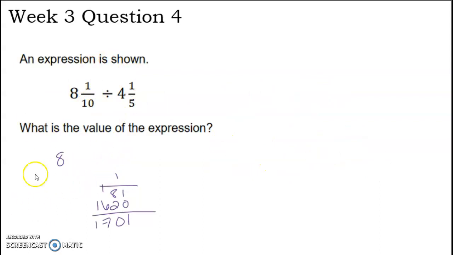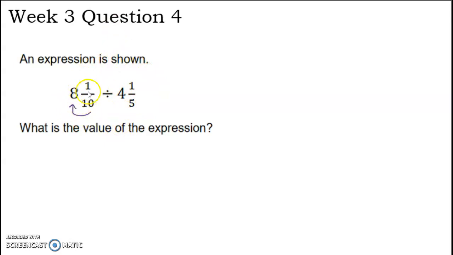All right, so we have question number 4. We have a mixed number divided by a mixed number. We can't do keep, change, flip with mixed numbers, so let's put them both into improper fractions.